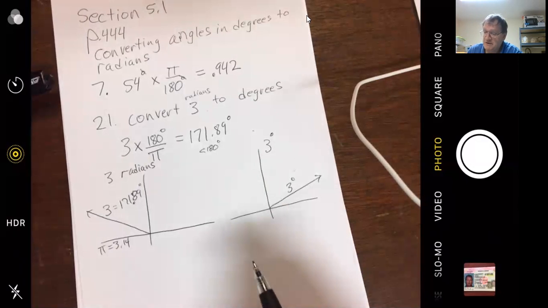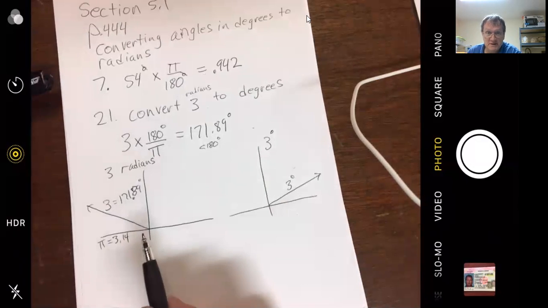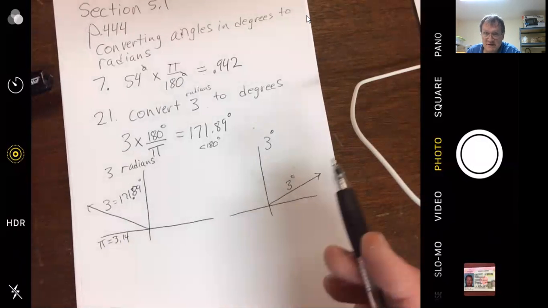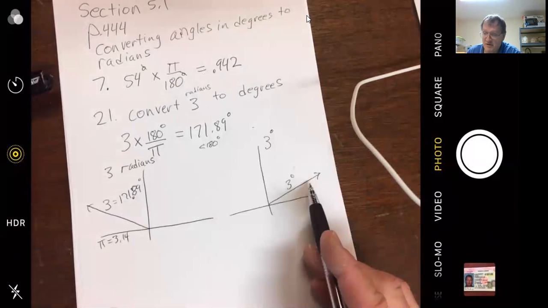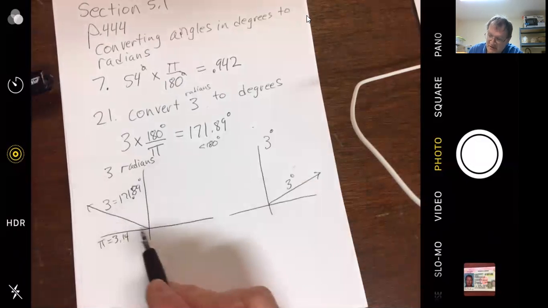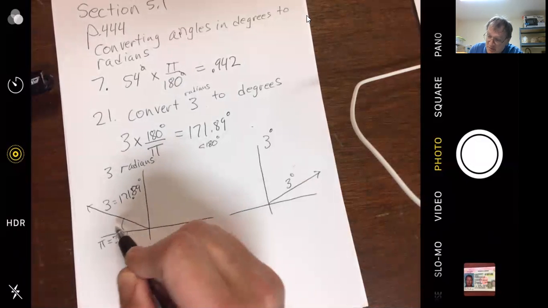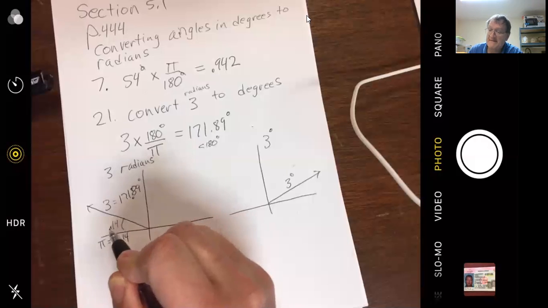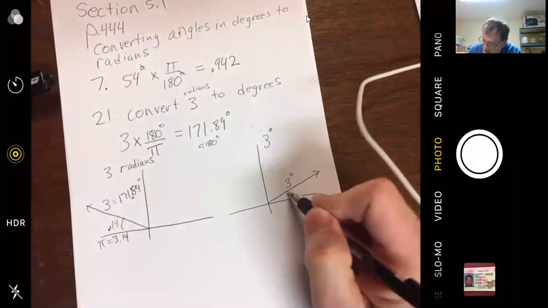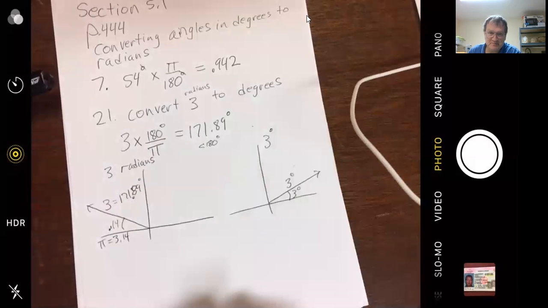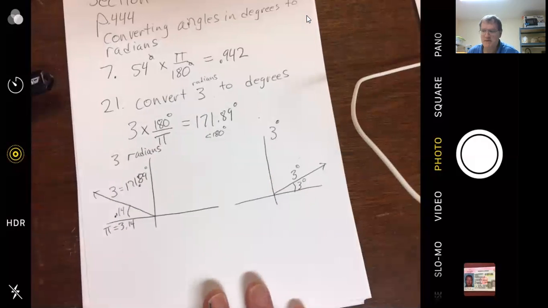So I hope you get the difference between the two. 3 degrees is in the first quadrant, barely above 0. 3 radians is in the second quadrant, barely below pi. This difference would be 0.14 radian. This angle would be 3 degrees. Wi-Fi is catching up better.